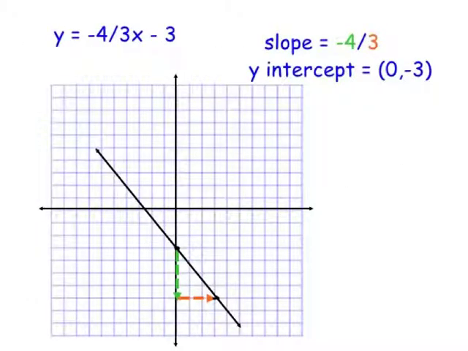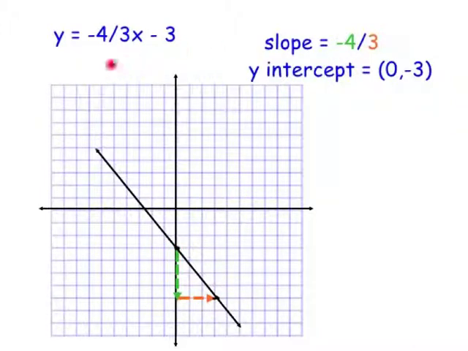For example, the y-intercept is right here at -3. So -3 right there would be the b portion. And from -3, the rise is 1, 2, 3, 4 down, 1, 2, 3 across. Rise over run, 4 over 3.